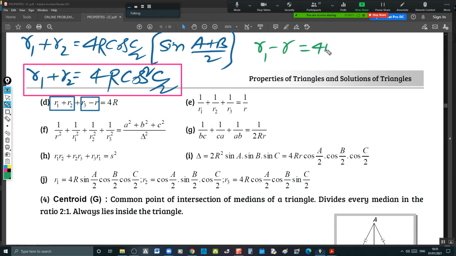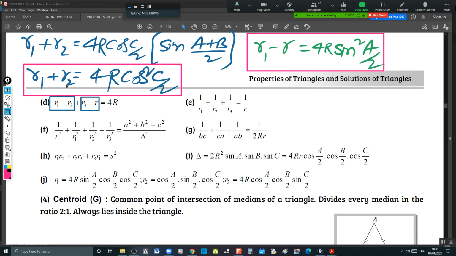That means you have forgotten the formula. You will get 4R sine A by 2 common, and you will get it as 4R sine square A by 2 finally. So what is the result here? R1 minus R is 4R sine square A by 2. R1 plus R2 is 4R cos square C by 2.